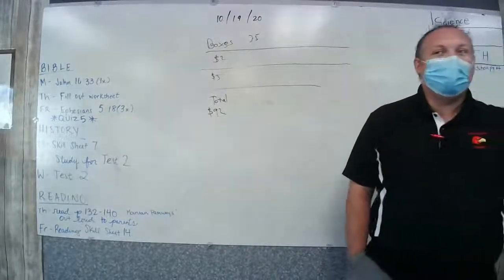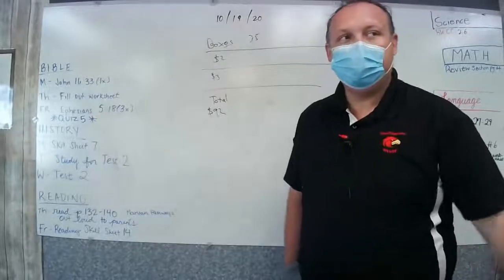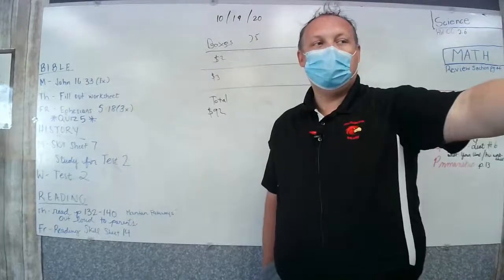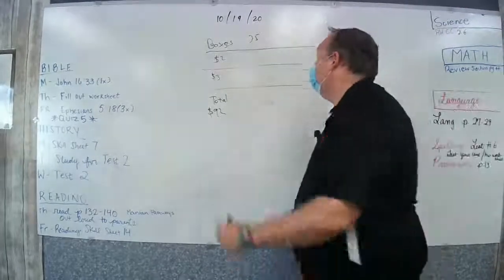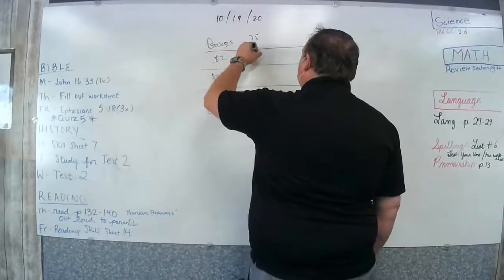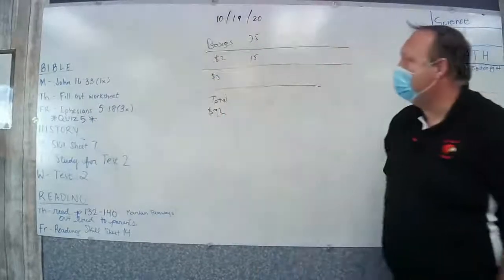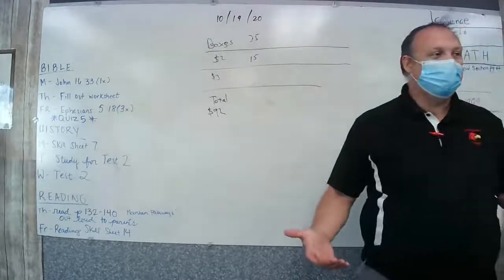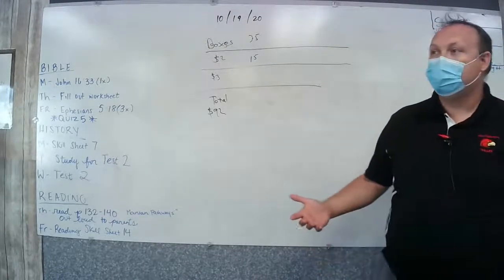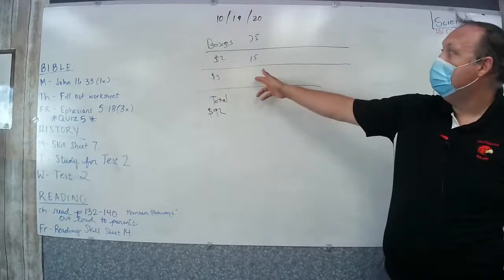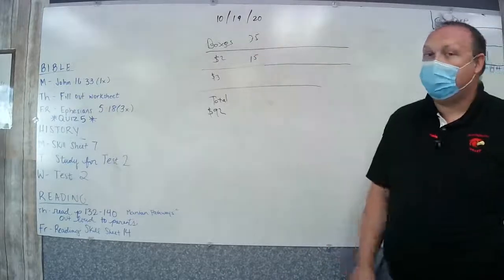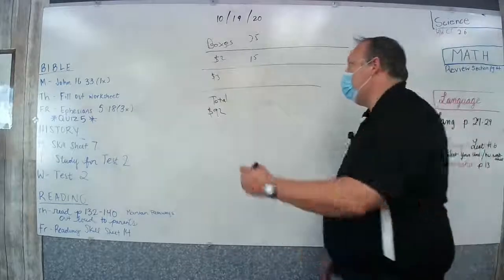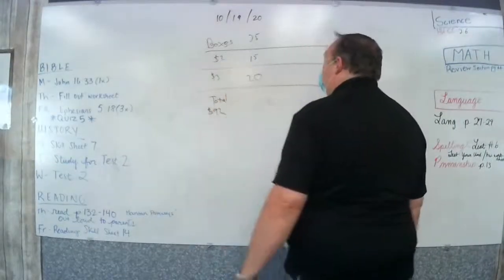So, someone give me a number 1 to 35. 15. Okay. So if he sold 15 boxes at $2 each, how many boxes at $3 did he sell if he sold 35 boxes? 35 minus 15 is going to be 20. Okay?